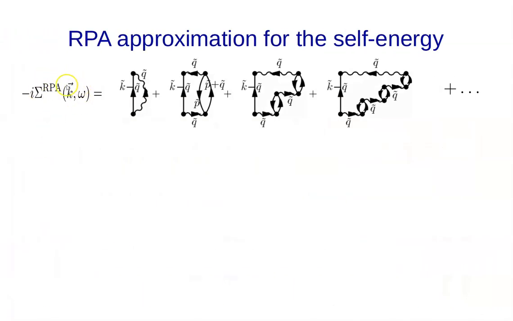So this would be the random phase approximation for the self-energy, that I then add all these diagrams here with a momentum k, frequency omega. I took this drawing from Bruus and Flensberg's book, so the notation is a bit different, but you can think of these k's as momentum, right?